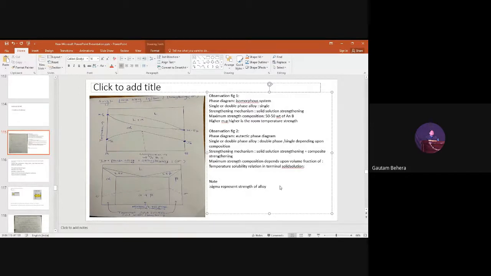What is the answer? Just tell me quickly. What is the strengthening in this alloy from this part to this part?